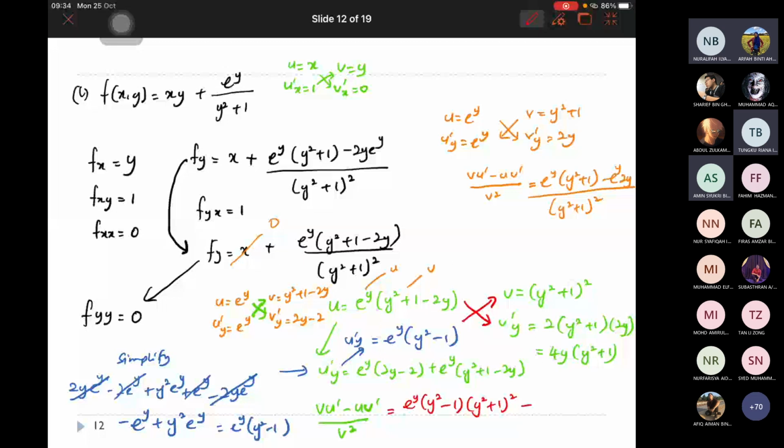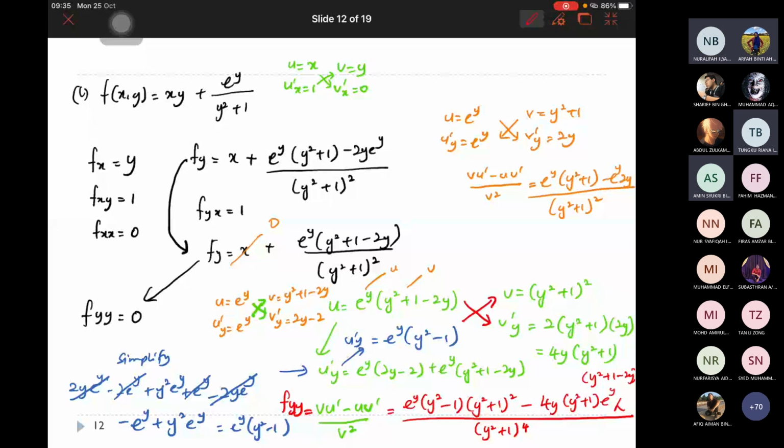Tolak dengan 4y, y squared plus 1, exponential y, y squared tambah 1 tolak 2y. Bahagikan dengan y squared plus 1 kuasa 4. So dapat itu FYY. This is your FYY.